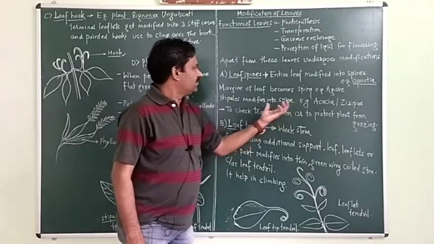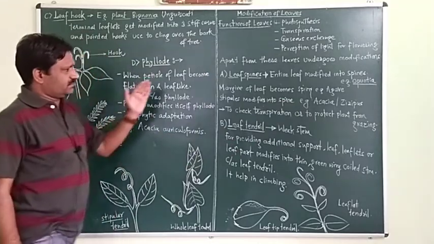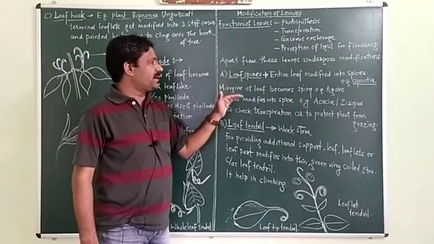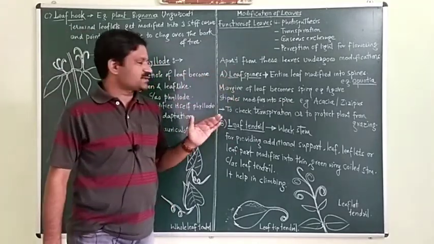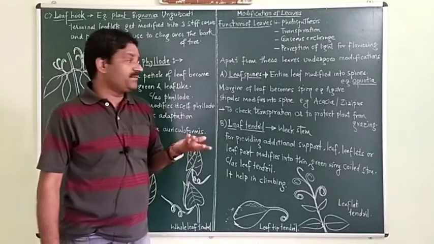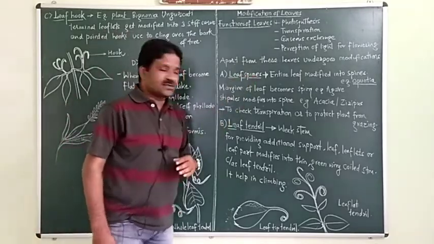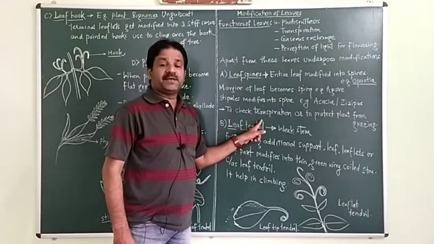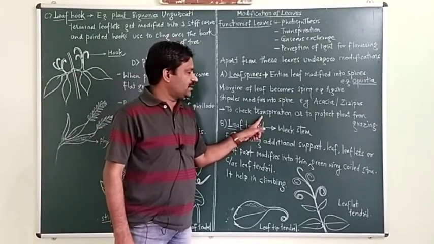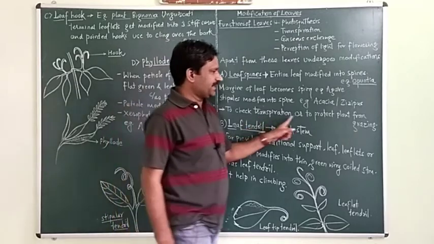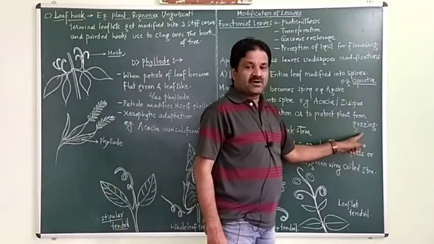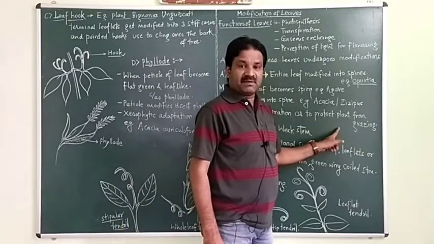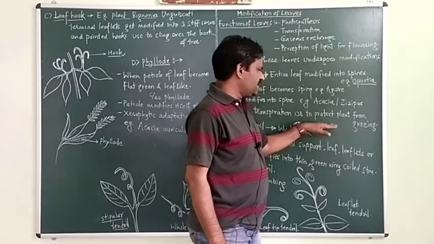This means the leaf or leaf parts are modified into spines. And what is the significance of these leaf spines? They help to check transpiration. They prevent the loss of water through the plant body and protect the plants from grazing or browsing, where an animal eats the leaves.